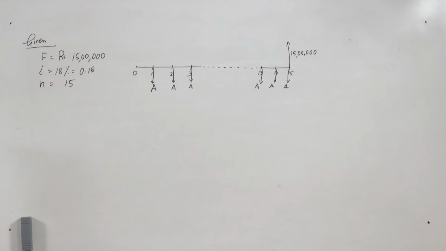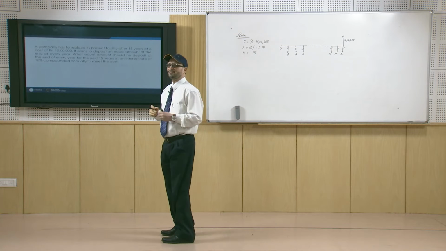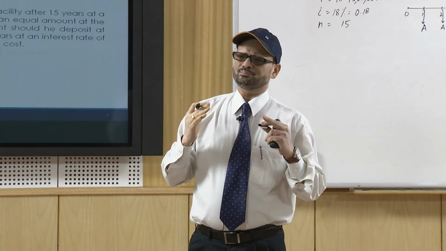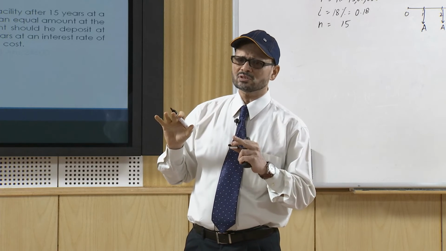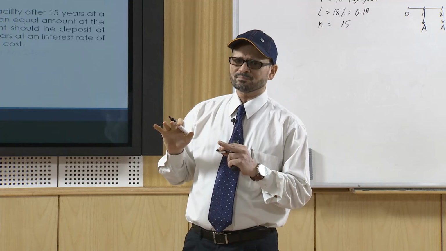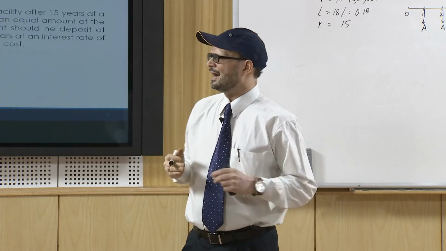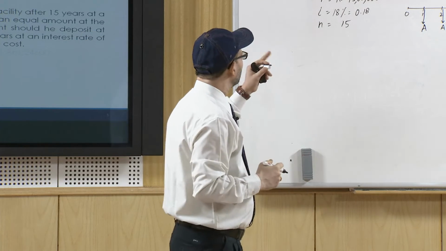So, here this is a case of the equal payment series sinking fund factor, where the company is setting aside a certain amount every year, so that it is getting some known amount at the end of n years, and in this case 15 years.